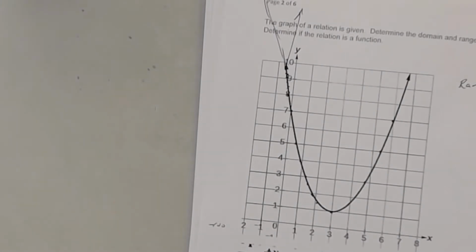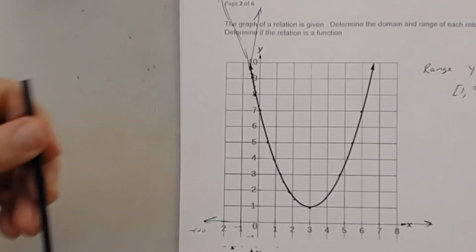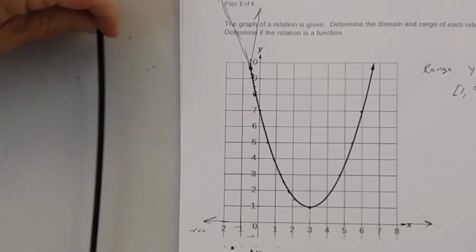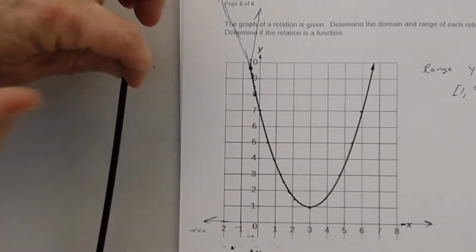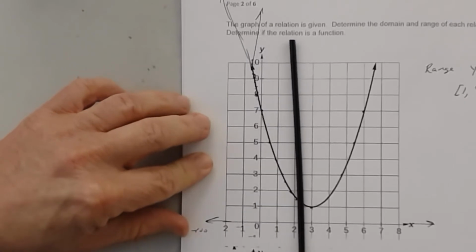Yes. Here's my question. This arrow is pointing towards what idea? Negative infinity. And this arrow is pointing towards what idea? Positive infinity. So my domain is going to be from negative infinity, because it never stops, all the way to what?